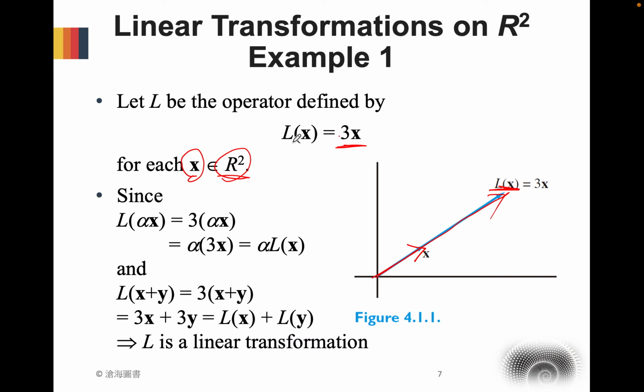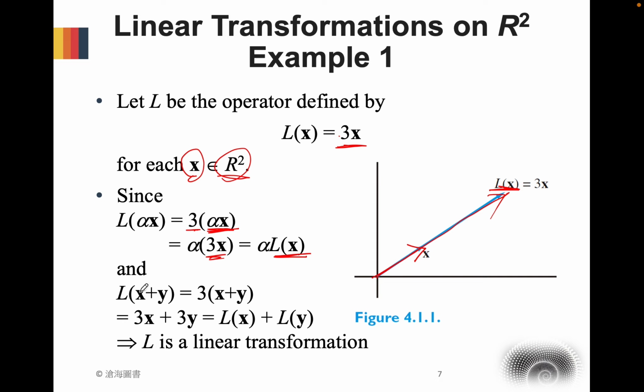Okay, is this transformation a linear transformation? So let's check it. If we input alpha x, then the result would be 3 times alpha x, right? And this is equal to alpha times 3x. And the 3x is actually L of x. Therefore, L of alpha x is equal to alpha L of x. Okay, let's check another property.